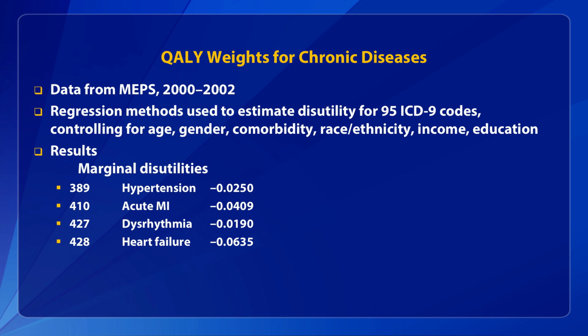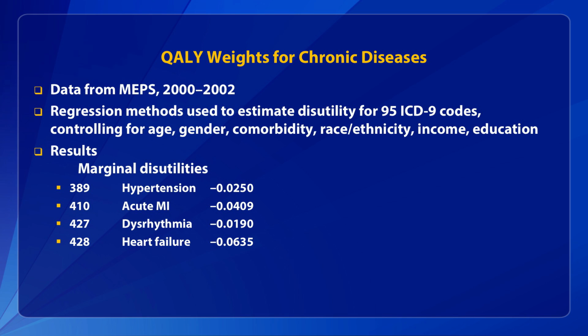Here's an example of an indirect utility elicitation tool using the EuroQoL 5 dimension scale, included in the Medical Expenditure Panel Survey for a few years in the early 2000s. Examples of decreases in utilities or disutilities are shown for a number of chronic diseases. Here's how you can interpret these results.